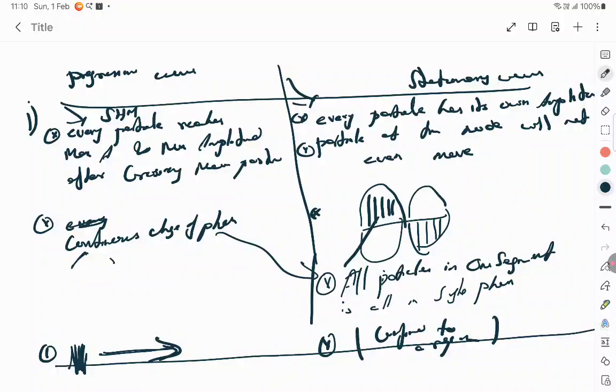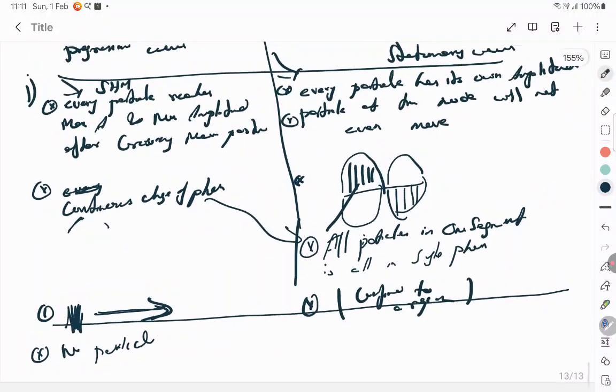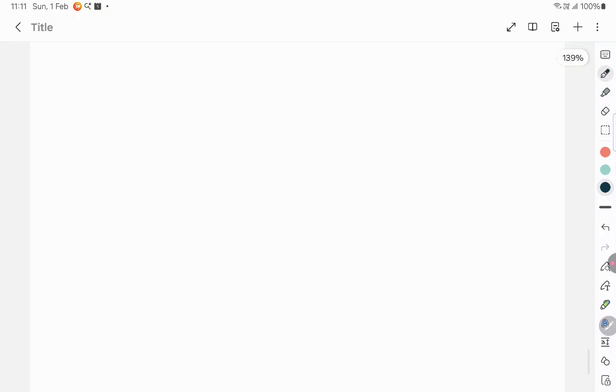All the particles in one segment are vibrating with only one phase, and only the adjacent segment will have another phase. Then, in a progressive wave no particle is at rest, whereas in a stationary wave the particles at the nodes are always stationary or at rest.